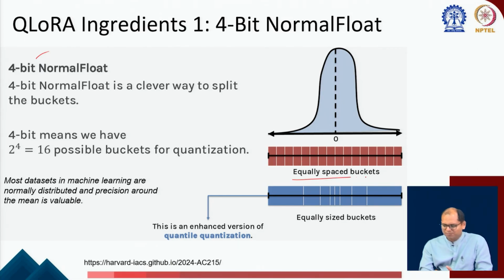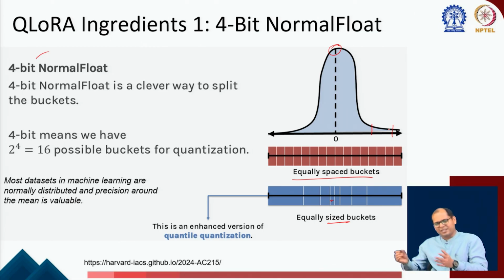So rather than having equally spaced buckets that I was talking about in terms of integers, why don't we have equally sized buckets? Each bucket should hold an equal number of values, even though the spacing is different, because as per the distribution, a lot of values will lie here. So this bucket should be of smaller size. Then the bucket here can be much larger because there are far fewer values here.